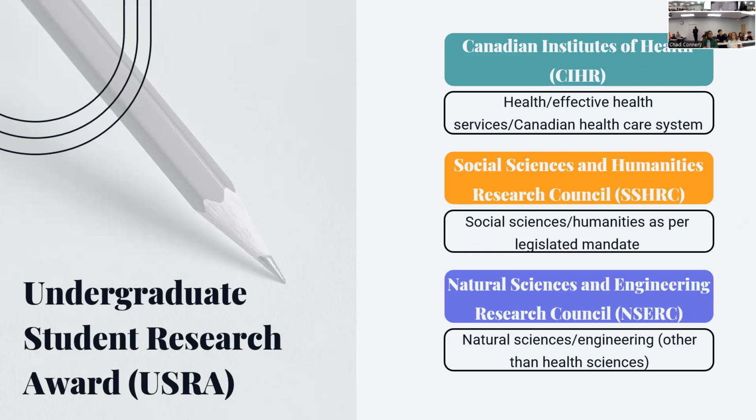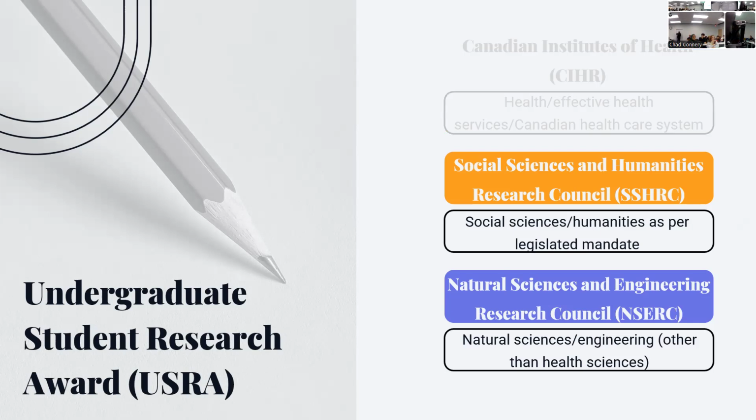So the other award is the Undergraduate Student Research Awards, the USRA. And USRA is actually split into 3 different types of awards. So we have the CIHR, the Canadian Institutes of Health Research, and that one is more on health and effective health services.